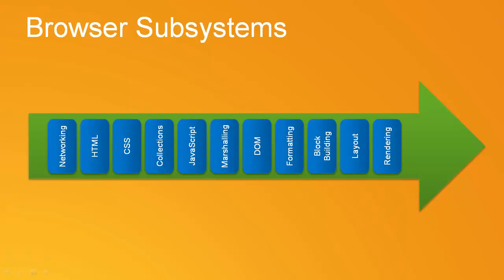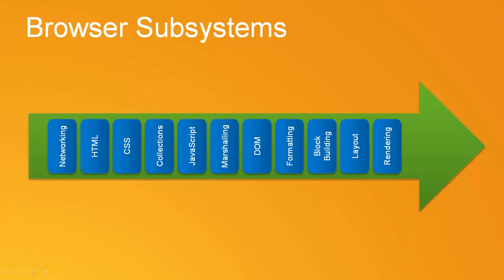Then we have the HTML, CSS, and JavaScript components that are going to be taking those assets downloaded by networking and putting them together. In this case, we're going to be building some collections. At the same time, we're going to be building the document object model. The marshalling component is responsible for all the communication across the systems, therefore handling all the communication and making things available when needed.